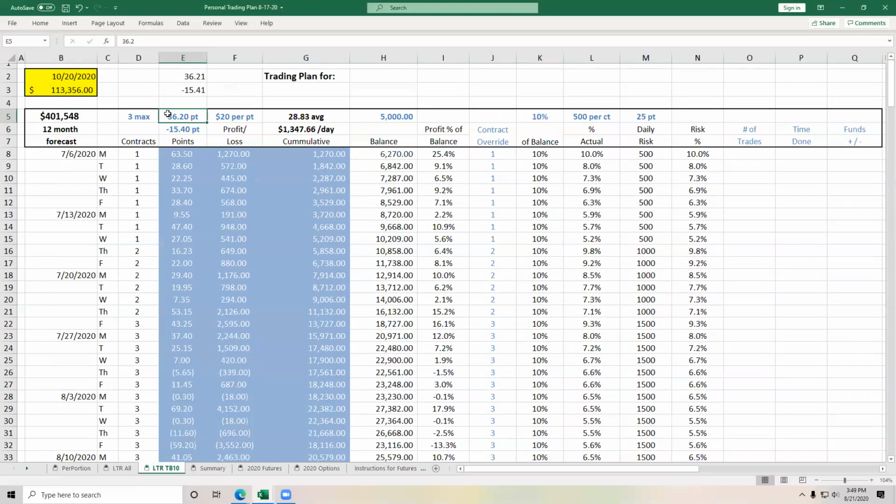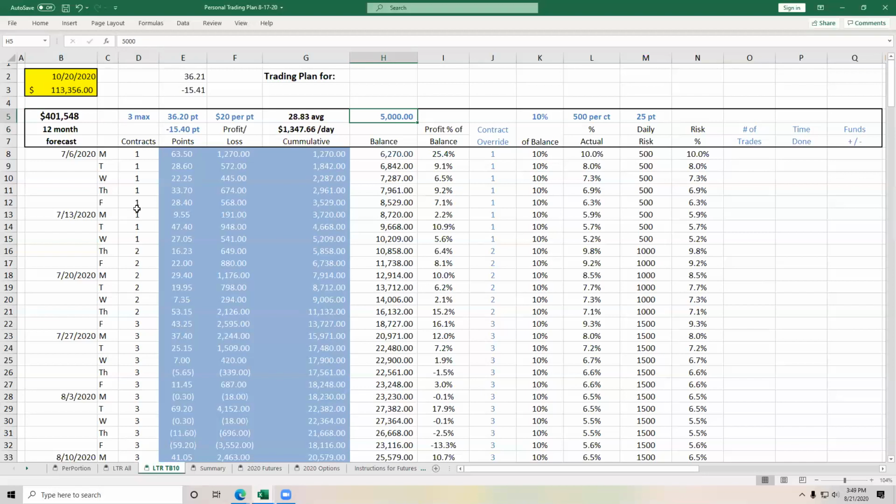So what all that means is if we trade 3 contracts max, we never exceed 3 contracts through the course of a 12-month period, that our income could potentially be just over $400,000. Now we started with $5,000, and what we're allowing the trading plan to do is to guide us in terms of scaling contracts.